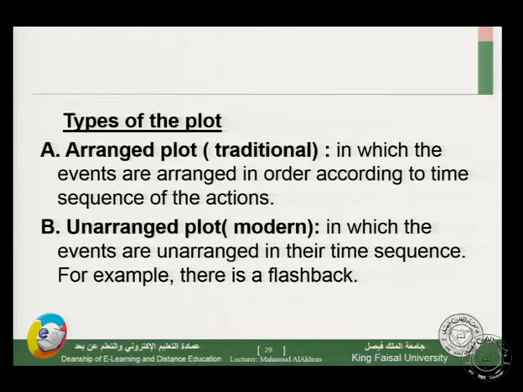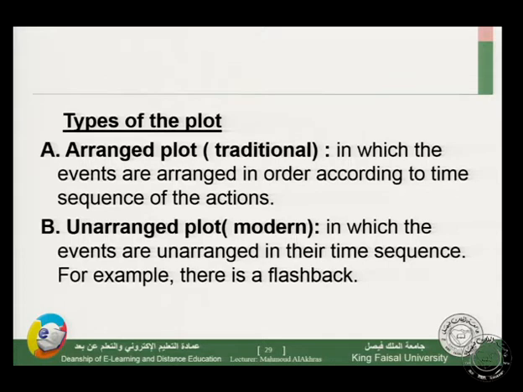Now let's see the types of the plot. We have the first one, arranged plot, which is a kind of traditional plot in which the events are arranged in order according to the time sequence of the actions. So we have a kind of sequence for the events and actions in the novel.